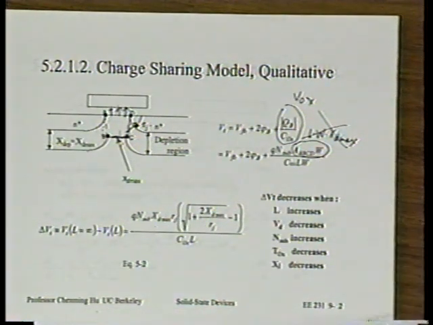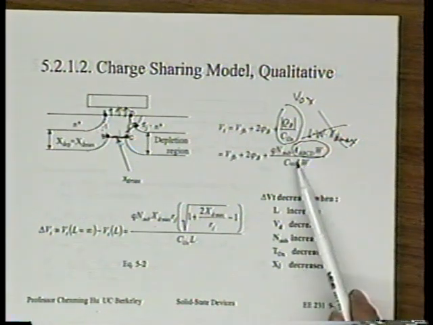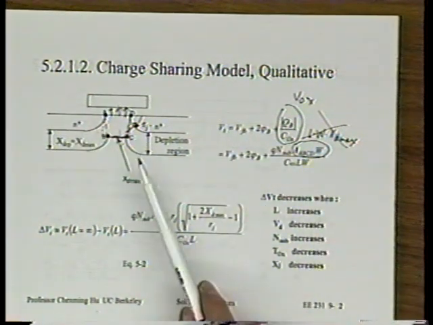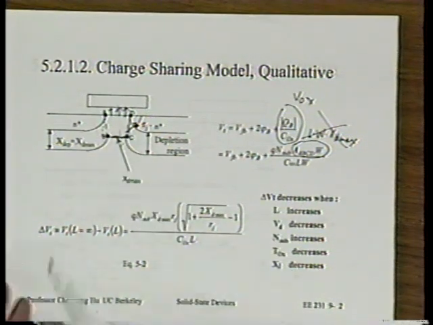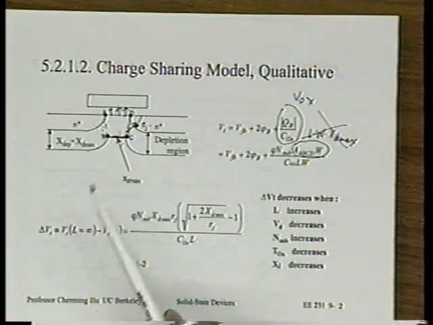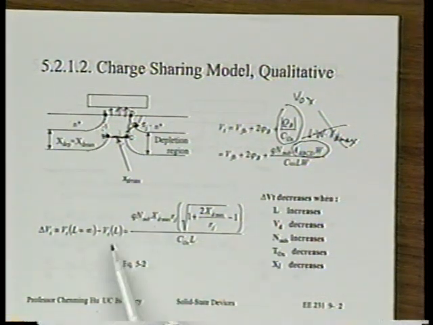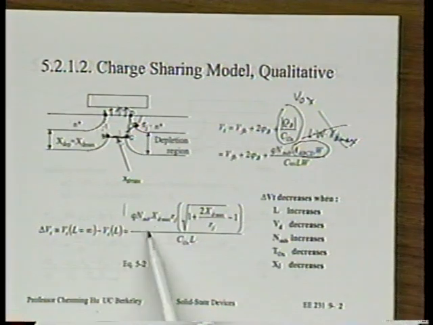It just says we only use the charge in the trapezoid to represent QB. So all you have to do is figure out the area of the trapezoid as a function of junction depth, channel length, X depletion, and XD max. If you do that, you end up with this equation. It's not too bad, actually.